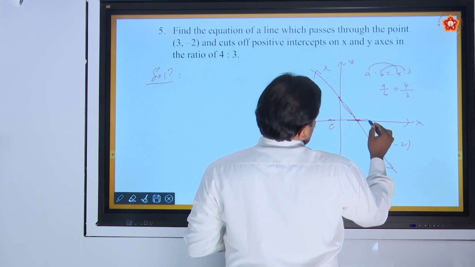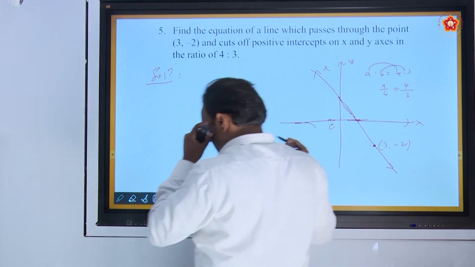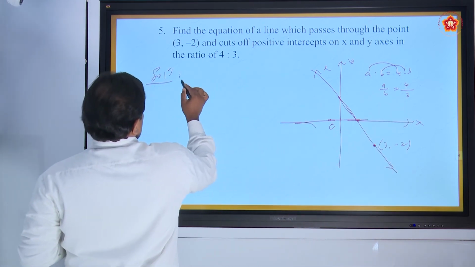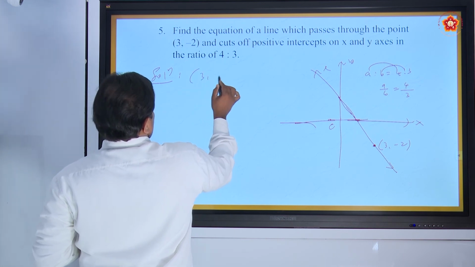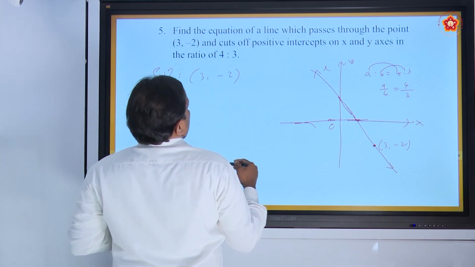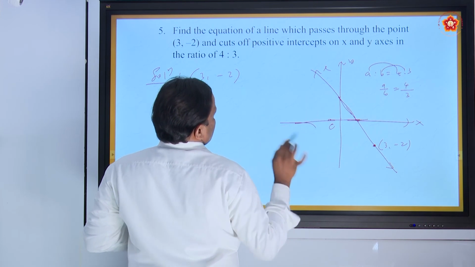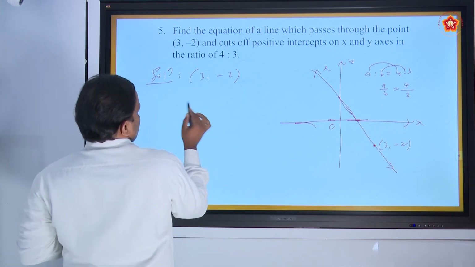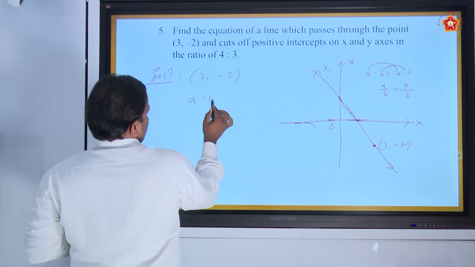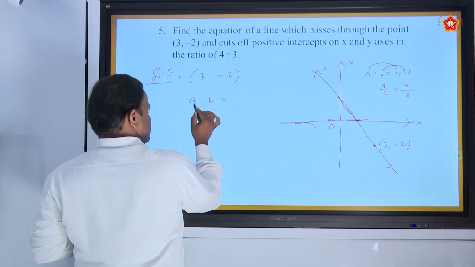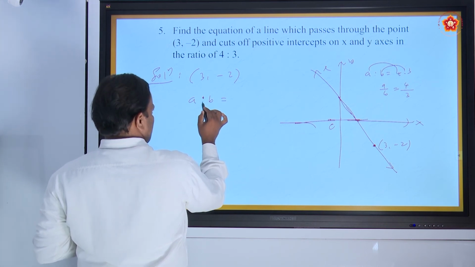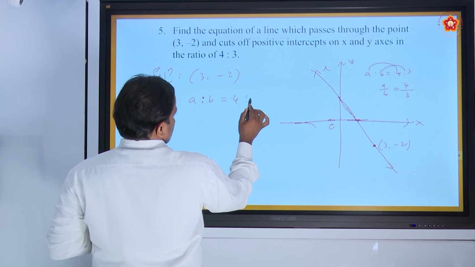See, observe here, the ratio is given. What is given first? The line passes through the point 3, minus 2. It cuts off positive intercepts on x and y, in the ratio a is to b, where a is the x intercept and b is the y intercept, both positive. 4 is to 3 is given.